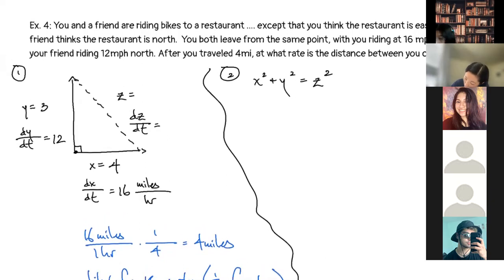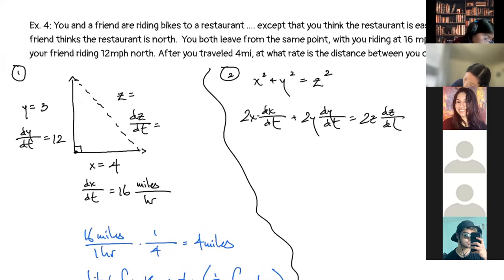I'm going to take the derivative, 2x dx dt. I'm going to be lazy and get rid of those 2's. And then I'm going to fill in the numbers.